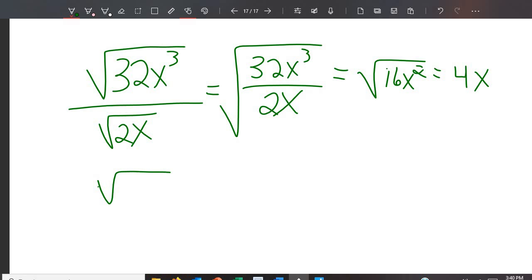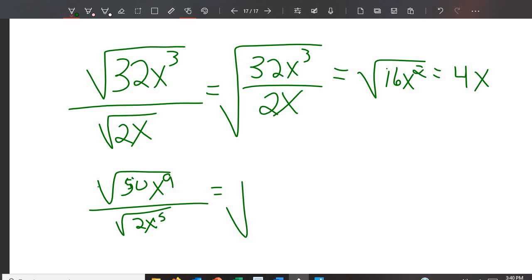Say I had square root of, let's do 50x to the 9th over, and just do 2x to the 5th.